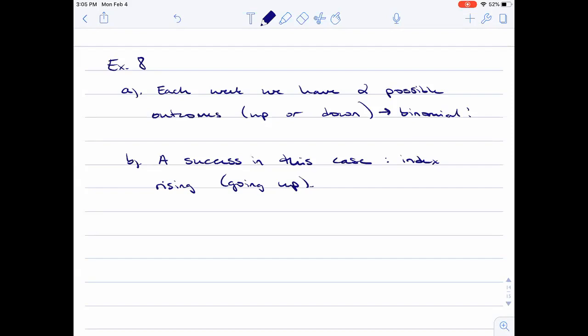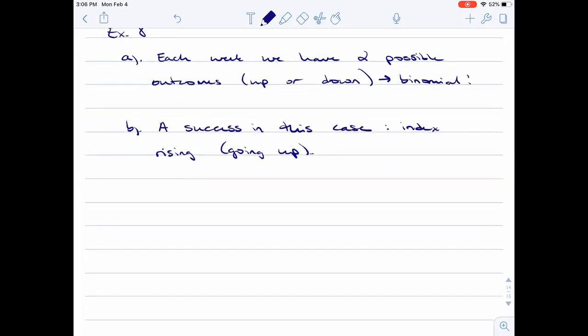You want to know the probability of someone dying from the surgery. So in that case, a death would be a success. It's often a little bit backwards. The thing that we're more concerned about is the success. In this case, we want to know how many of these weeks it is going up. That's a success. That's great. And positive too.